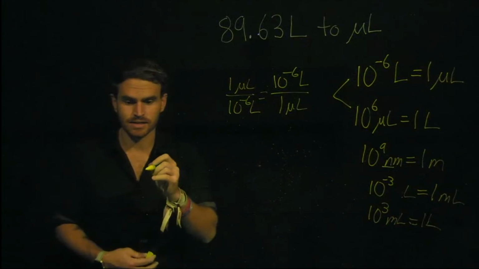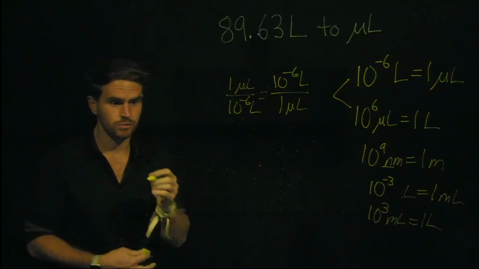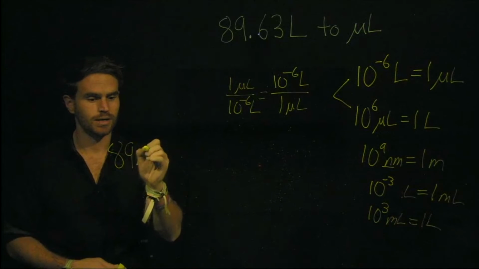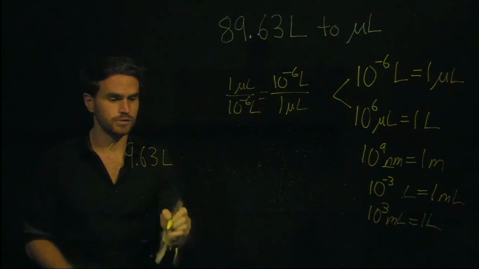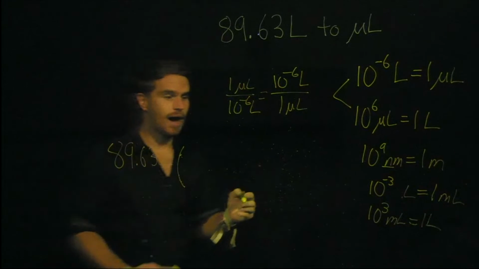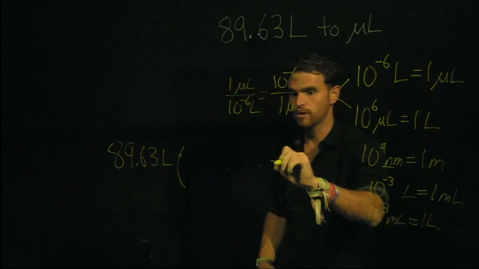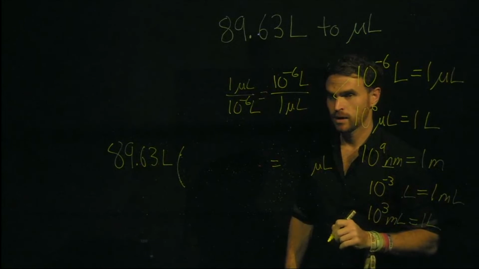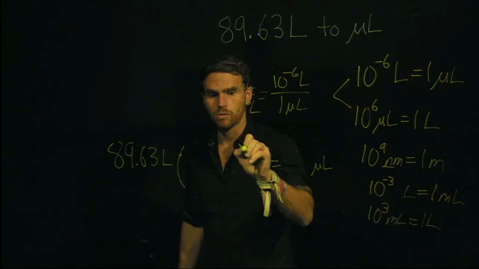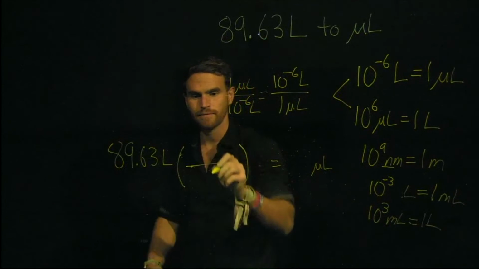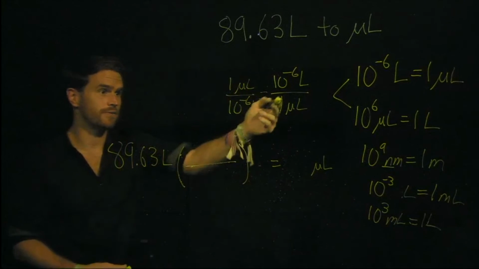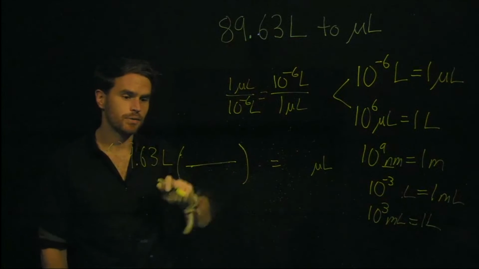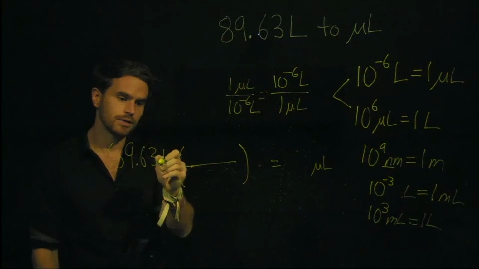And the way that I like to set this up is by first writing what I absolutely know. I know that I have 89.63 liters. And then I like to write exactly where I'm going. And I'm going to microliters. So now what I need to do is place some fraction or conversion factor into my equation so that when I multiply it through, I cancel out liters.